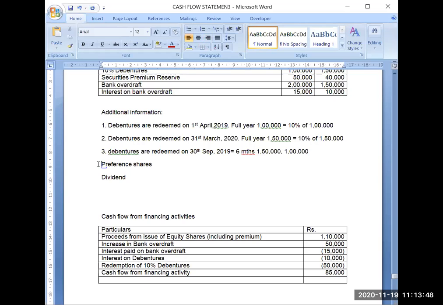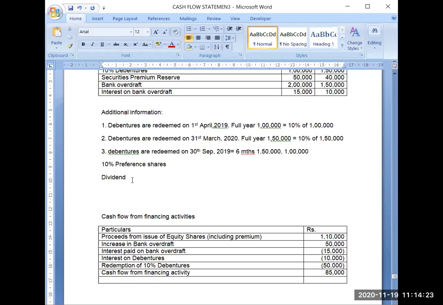So suppose it is 10% preference shares, obviously we will calculate 10% of either the opening balance or the closing balance. But dividend is not paid according to the time factor. That you have to keep in mind. So if some redemption has been done in the middle of the year, even then you will be paying the dividend on the closing balance only.